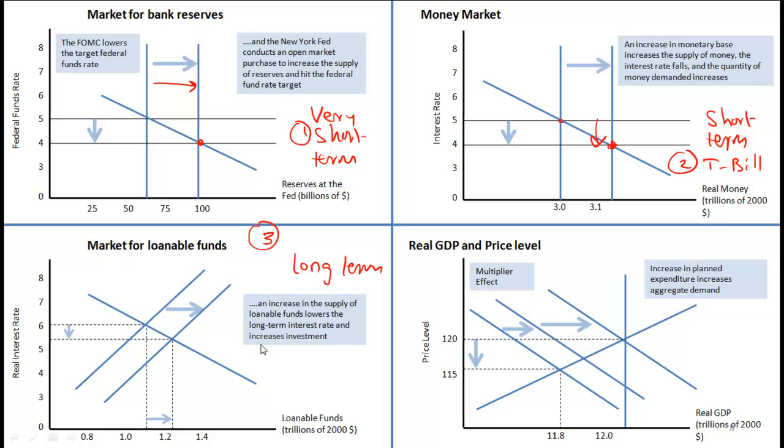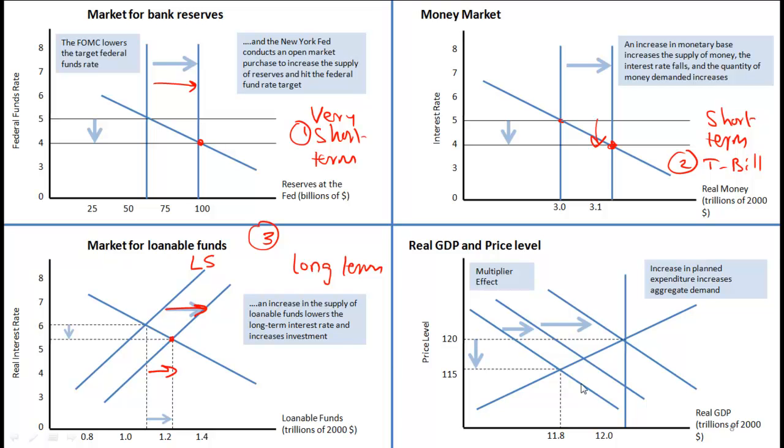As we discussed on the previous slide, when banks have more money, there will be more funds for the bank to loan, and therefore the supply line, this is the supply of loanable funds, will move to the right. When that moves to the right, interest rates go down and the new equilibrium quantity of loanable funds moves to the right, so that goes up. So long-term interest rates go down, investment goes up.